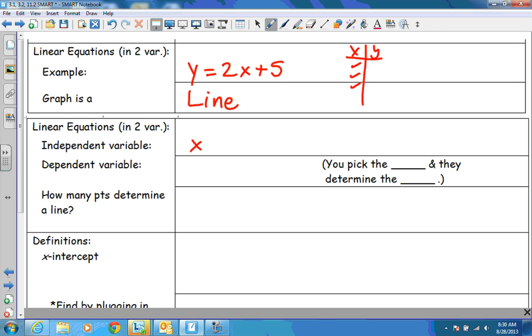So your independent is your x. Now, depending on what you pick, you get out a y value. So y is dependent upon the x. So your dependent is your y. You pick the x's, and they determine the y's. That's why the y is dependent.